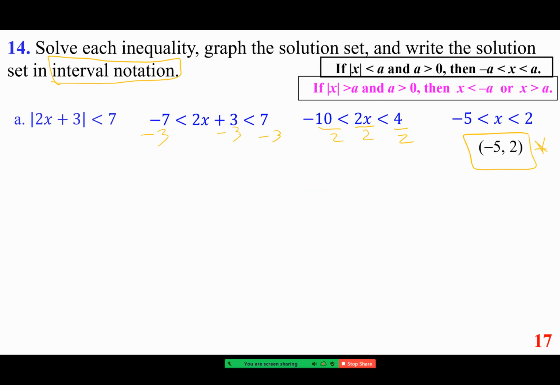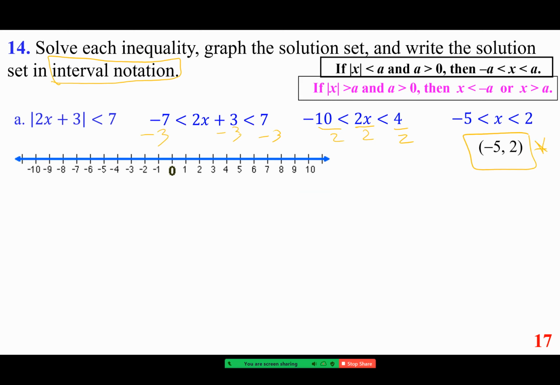If they ask for the graph on a number line, you have the number line, and you go from negative 5 to 2. At negative 5 as well as 2, we either use parentheses or we put a hole, because the endpoints are not included, because the equality is not there.